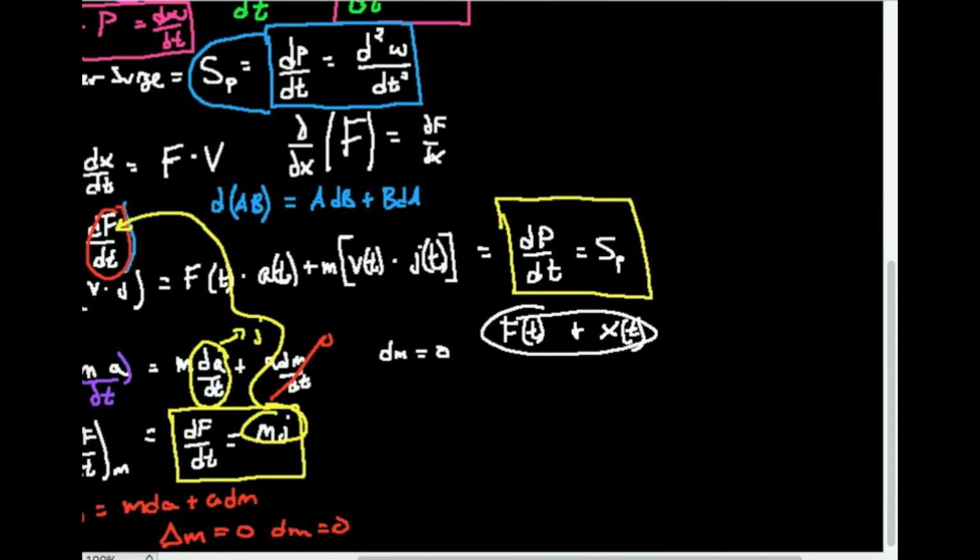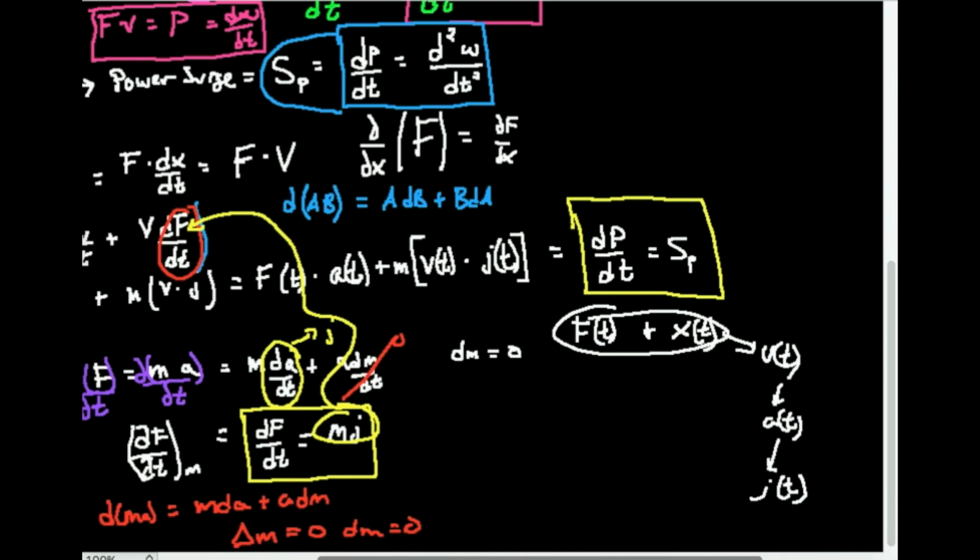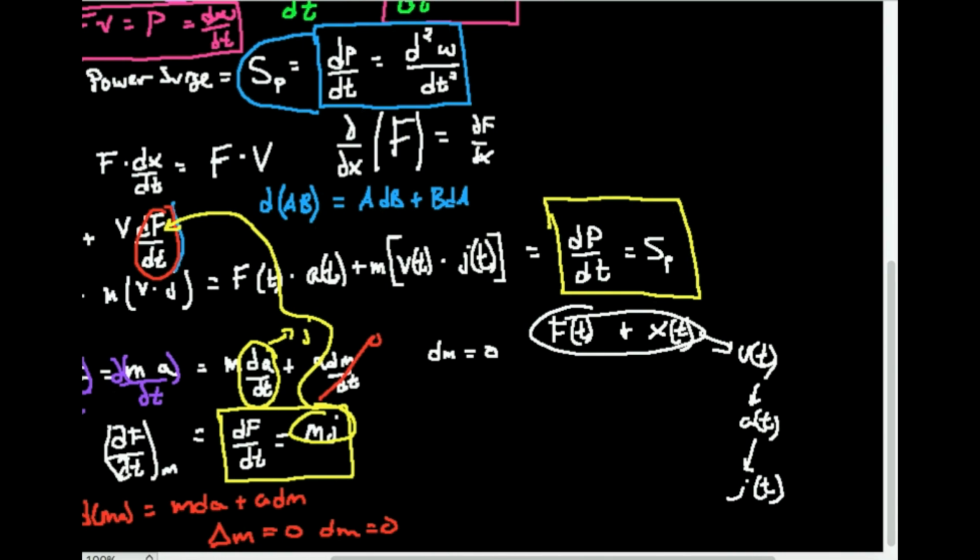Why do you only need x with respect to time? Because I can get velocity from this, I can get acceleration from that, and I can also get the jerk from that. As long as you have position, you can get all of these, okay? But you would also need force as it relates to time, and that's a completely separate function, okay? Adding those two terms together gets you the power surge, okay?